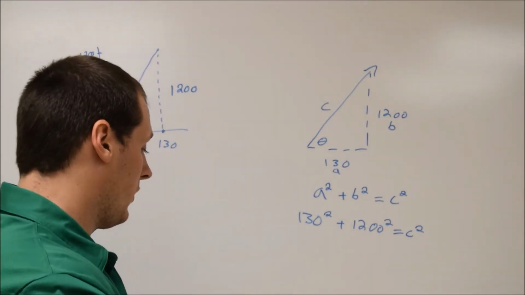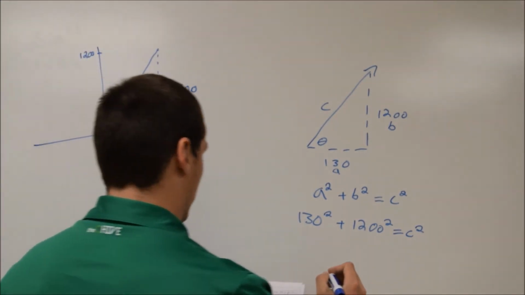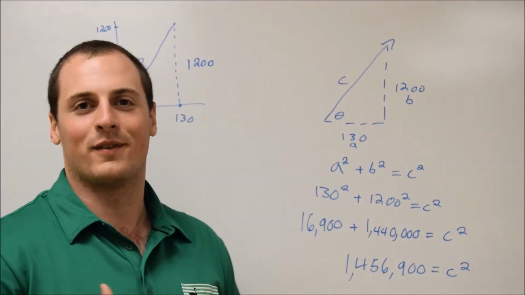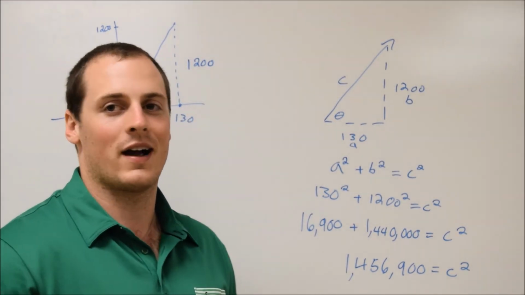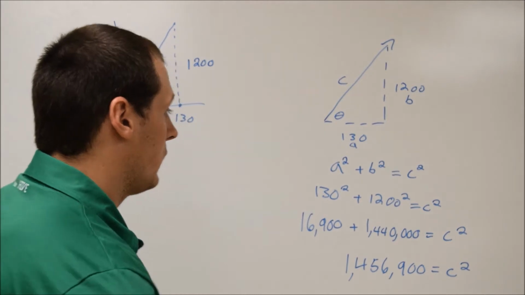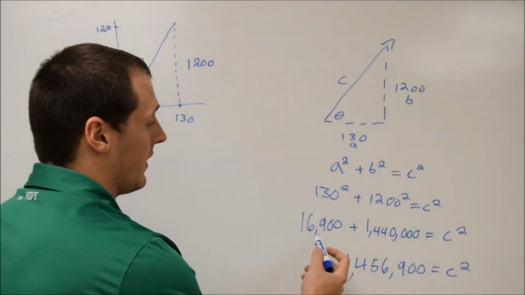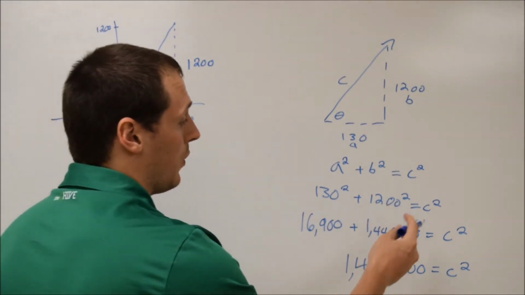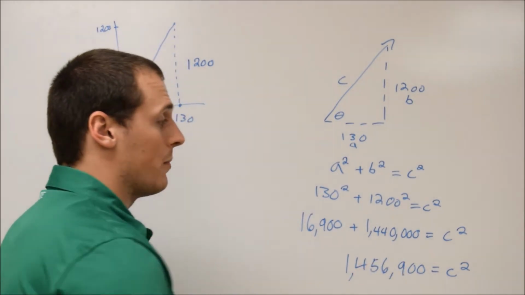So when we do all this, what we get is, all right, so I didn't have my specific calculations, so I had to go put it in a calculator, but this is what we got. So you take 130 squared and you'll get 16,900, and then 1200 squared and you'll get 1.44 million.